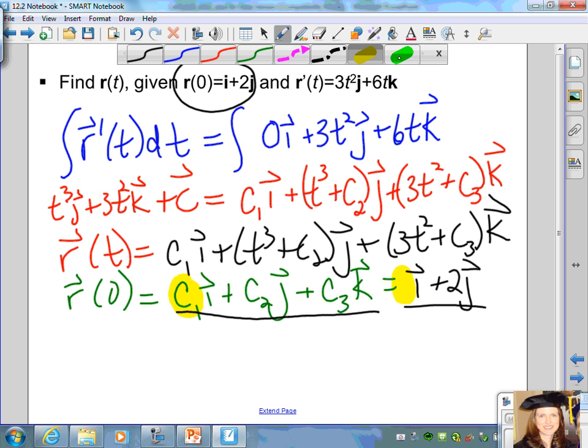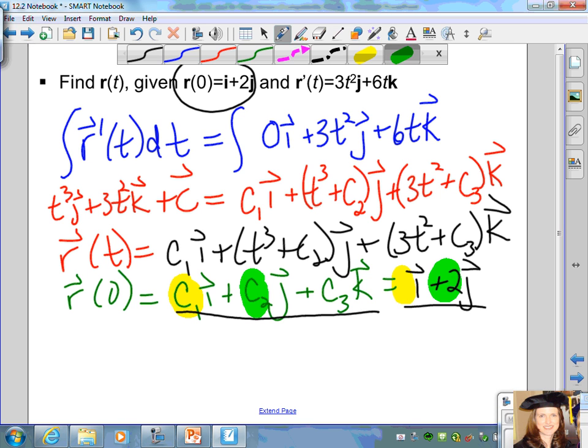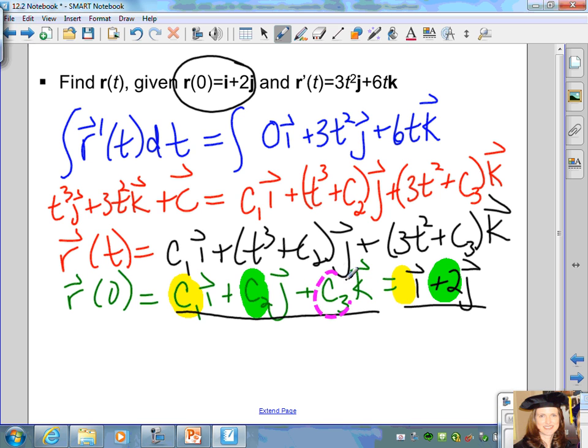And the C2j has to be equal to the j component of the initial condition. And then finally that last one, that C3k, needs to be equal to the k component of the initial condition.